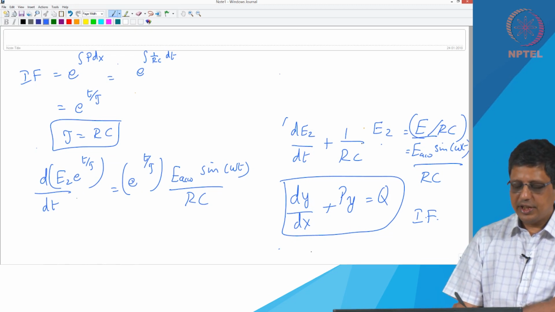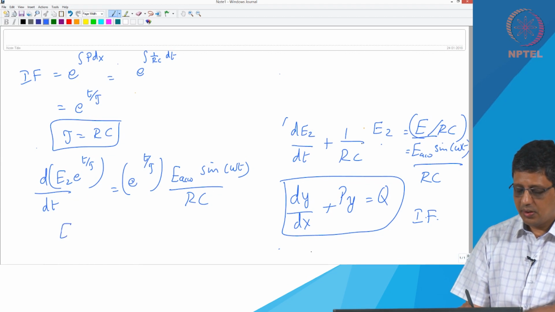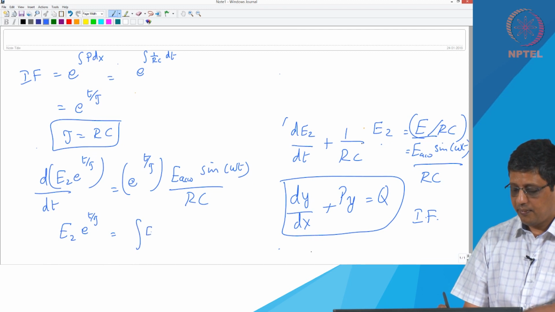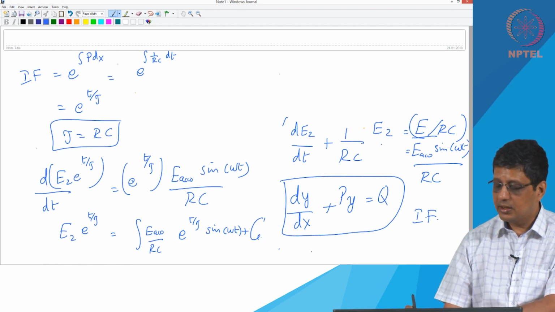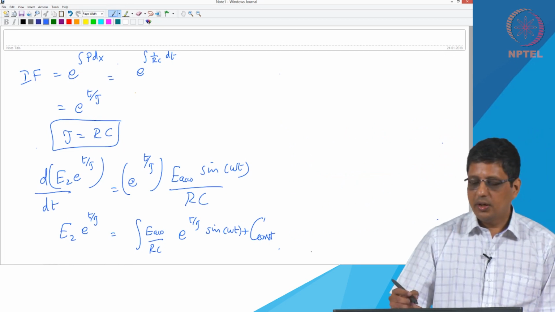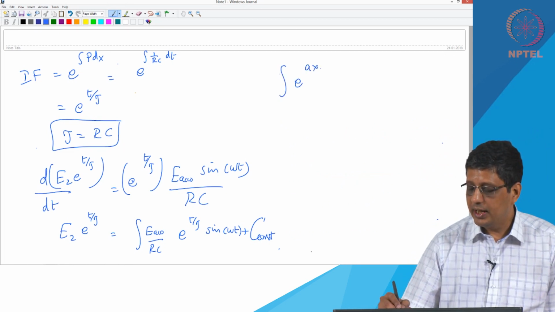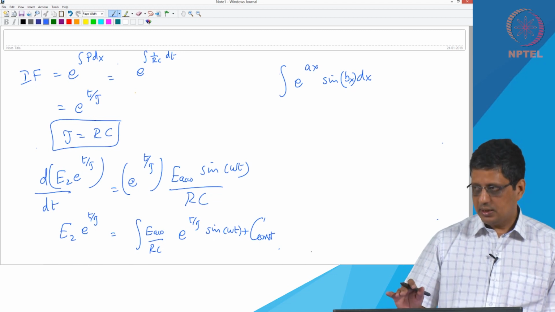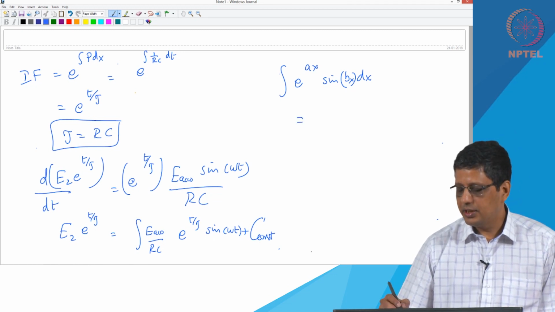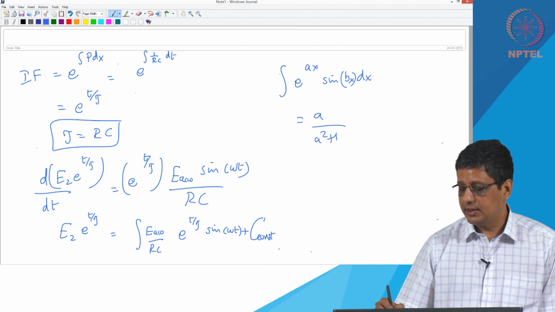I can integrate this equation, this c here is a constant, we will just write it as a constant. You can look at the equation of integrating e power ax sin bx dx. You can do integration by parts. Right now, just take it for granted that this equation will give you an answer like this.